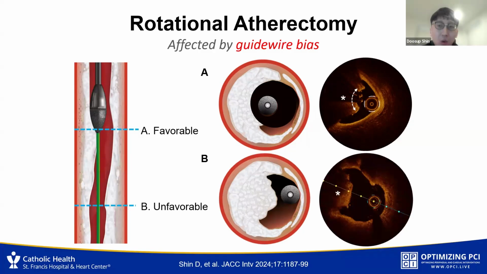However, if the wire is away from the lesion that you want to modify, you cannot really affect the calcified nodule or modify the calcium. The rotational atherectomy predominantly ablates the contralateral wall, leaving the nodule largely intact and increasing the risk of complications.